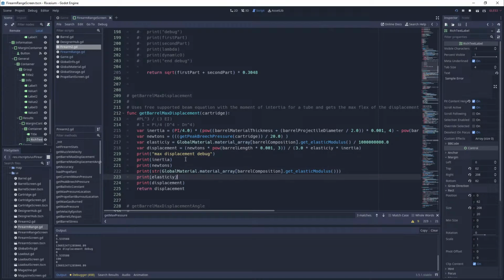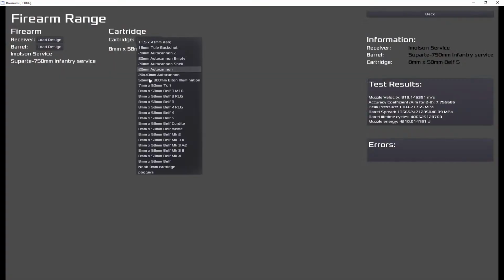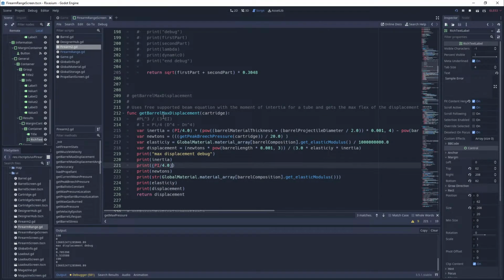Here, for 0.0, I want to see how that does. We need to make sure every part of this equation is correct. It's right. This is scary. So pi divided by 4, okay. So this is in the power section.